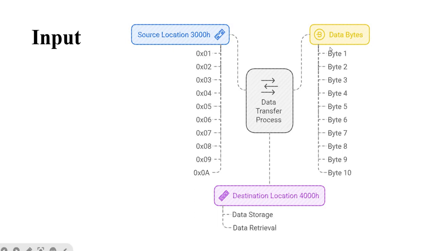So this will be the first byte, second byte, third byte, fourth byte, and so on. This data has to be transferred to the destination location starting from 4000H to 4009H, by executing the steps of the program.